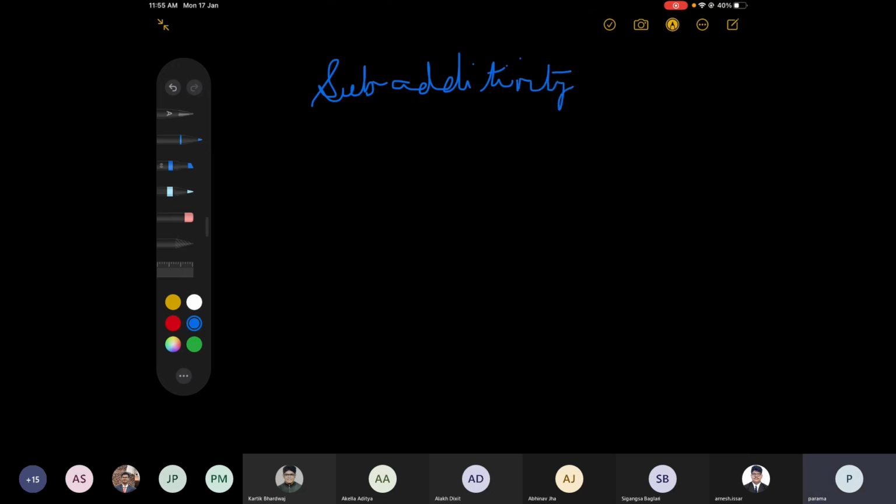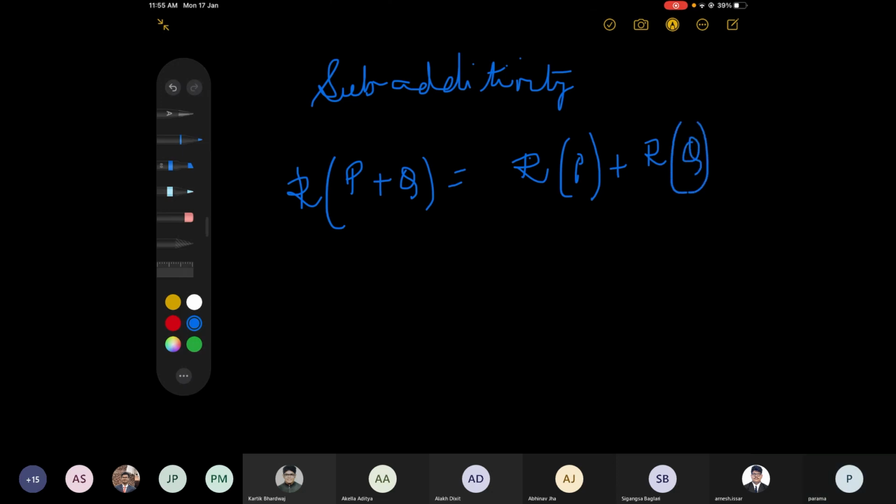Here we say that the risk measure for the combined portfolio of P and Q should be less than or equal to the summation of the individual risks of P and Q. This is basically the diversification effect.